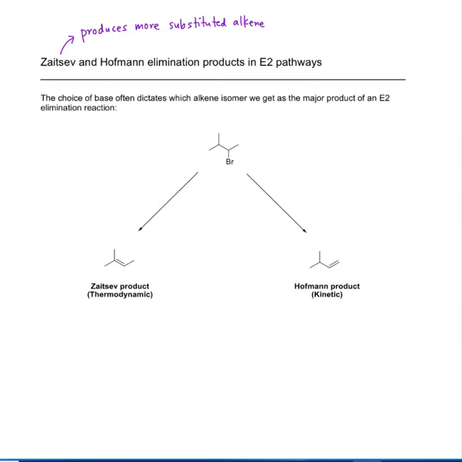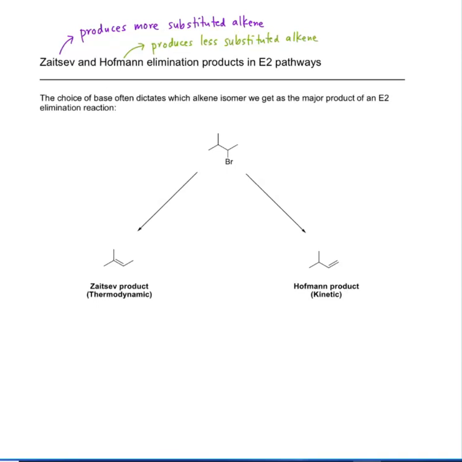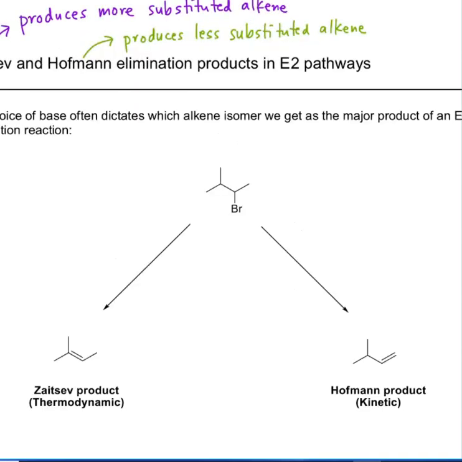But if you were to produce a less substituted alkene, that would be called a Hofmann elimination. So the base that you choose can dictate which of those two you get in cases where you could get either one. Okay, so let's take a look at this substrate right here.